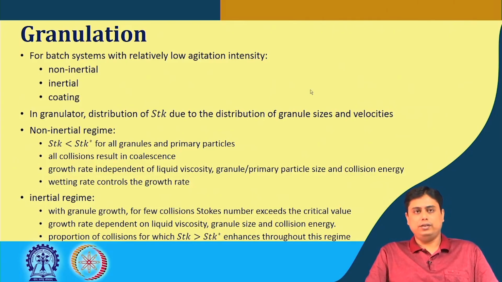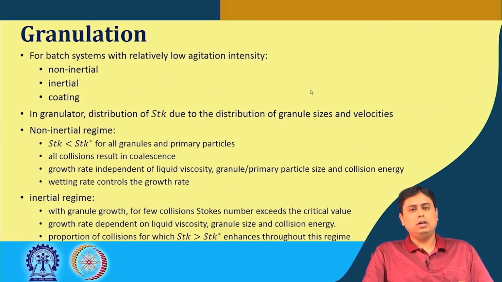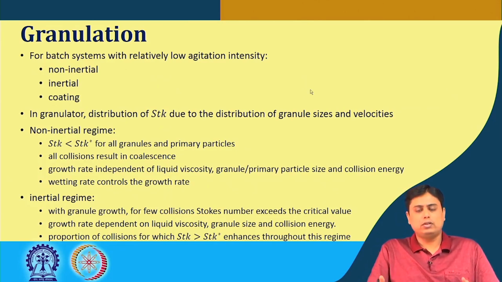In the non-inertial regime, this Stokes number is always lesser than the critical Stokes number for all the particles including the granules. So, all collisions are basically converted to coalescence, and the growth rate quite naturally is independent of the liquid viscosity, granule or primary particle size and the collisional energy.